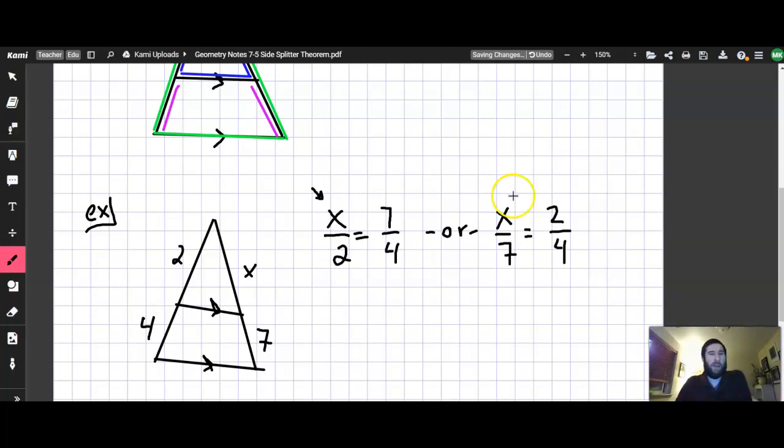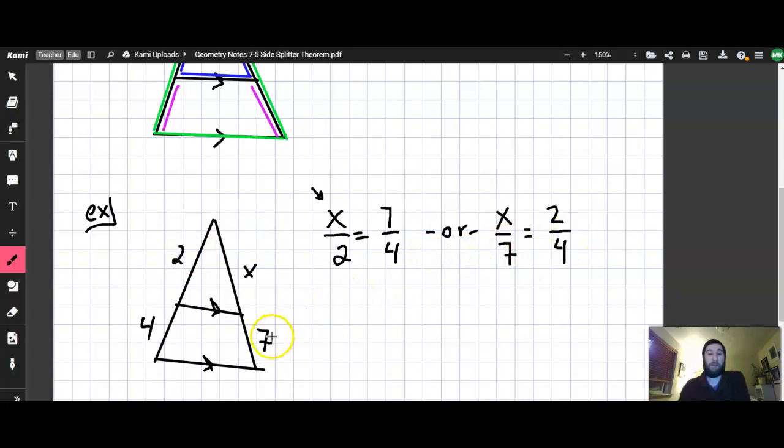So what did I do there? Well, rather than putting the x and the 2 in one fraction, how does the x match with the 7 as well, because they're on the same side. And that matching, that correspondence is how you write your fraction. x over 7, and then the x and 2 are part of the same chunk in the triangle.